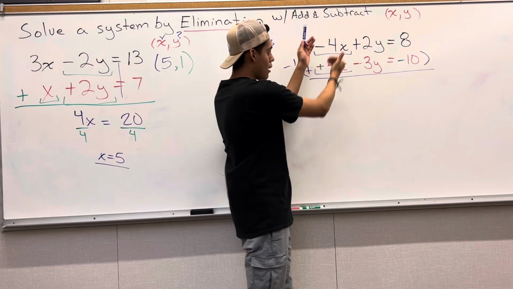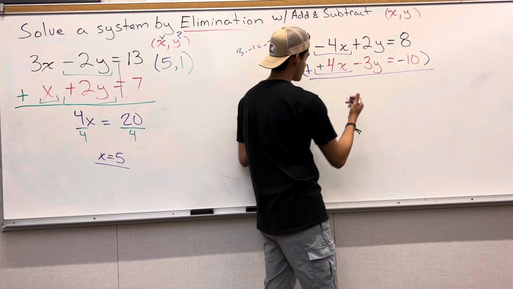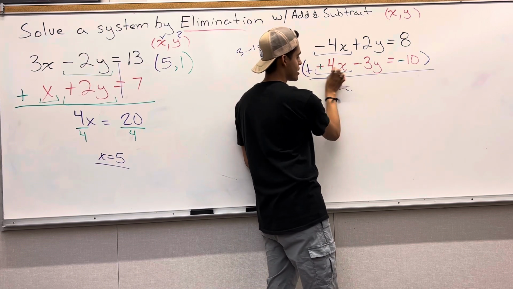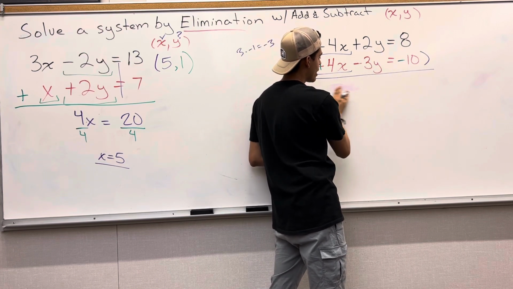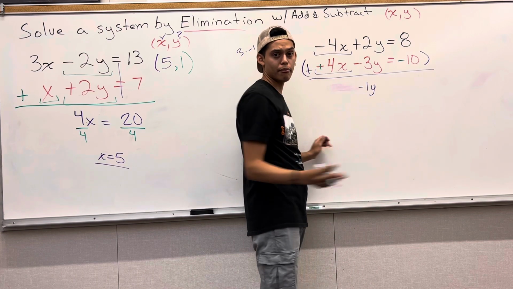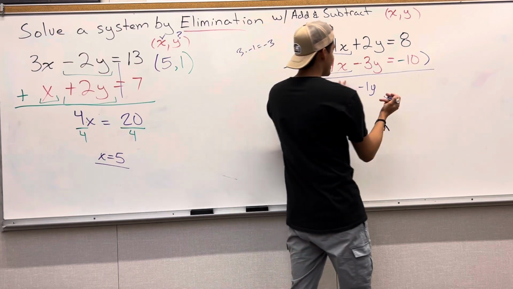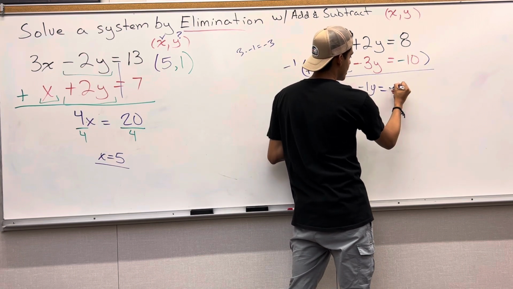Now you see that they're opposites of each other. This will turn into 0. 0x, you can just take it away. Plus 2y minus 3y, you're going to have negative 1y. You can put the negative 1 if it's easier for you. And then you're going to have 8 minus 10, which is going to be negative 2.